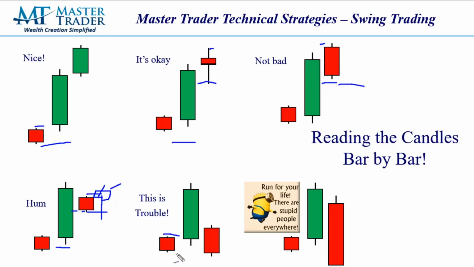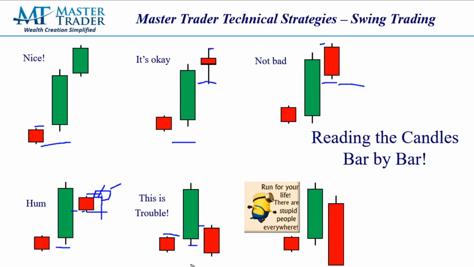Now, again, we're assuming now we're in the trade. This was fantastic. The next day, it opens up lower and closes below the low here. Well, depends on where our stop is, but looking at this objectively, I'm going to say, this is not what I expected. This looks like it's trouble.